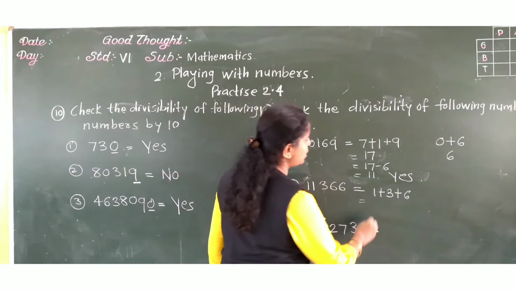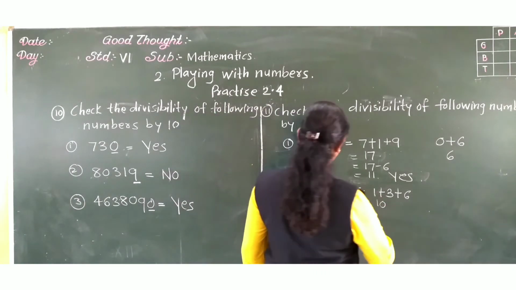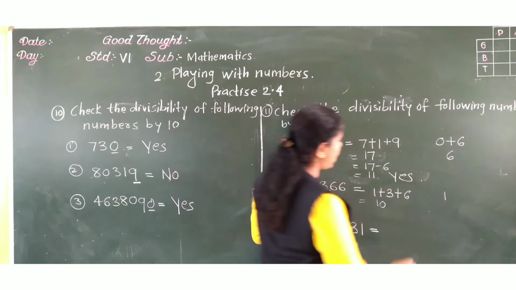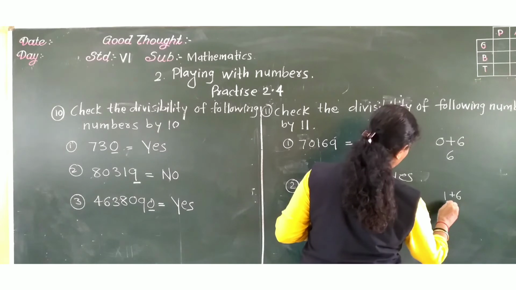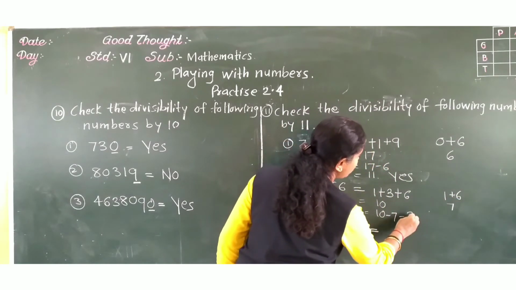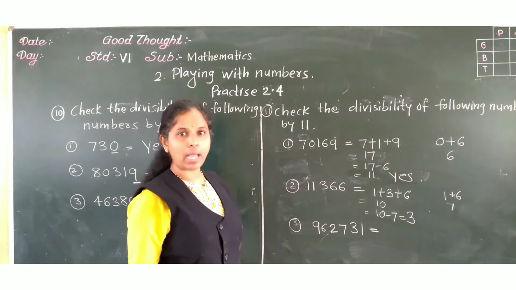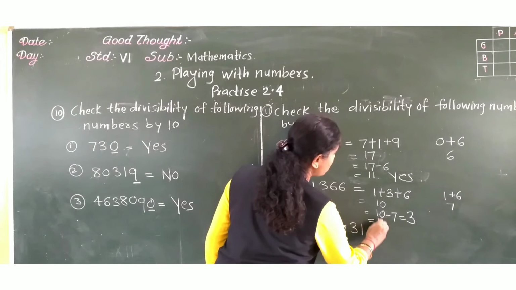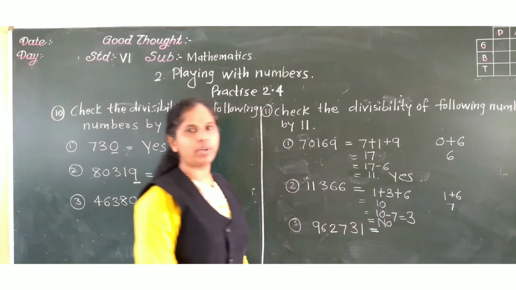And 4 plus 6, 10. Okay. Then, what are the digits at the second place? 1 plus 6, 7. Now 10 minus 7 is equal to 3. Can we divide 3 by 11? No. That means this number we cannot divide by 11.